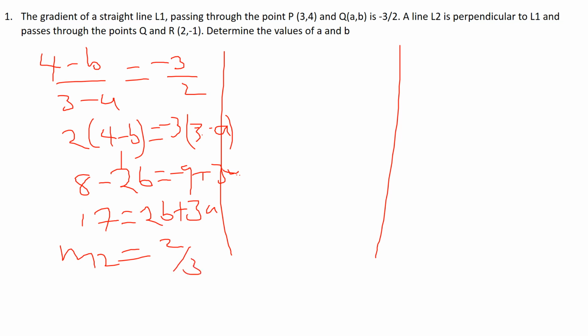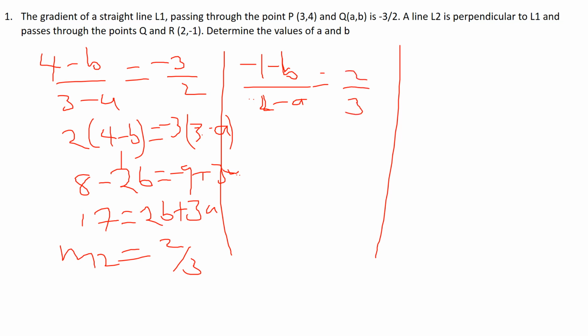Then because point Q is being shared, to get the gradient of the second line, we say negative 1 minus b divided by 2 minus a is equals to the gradient, which is 2 out of 3.